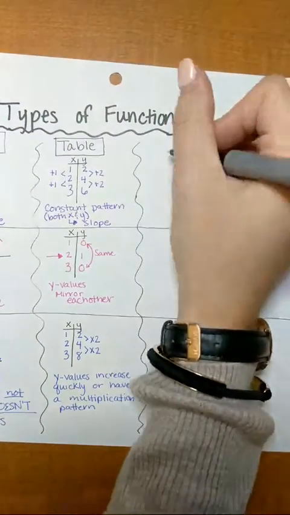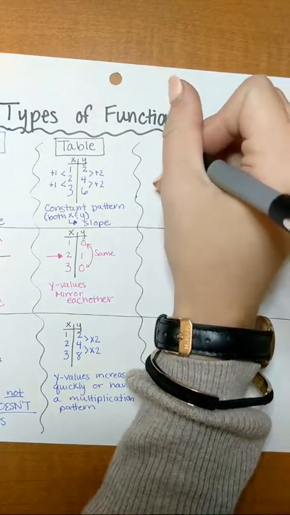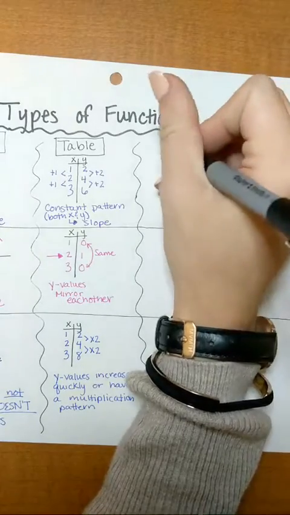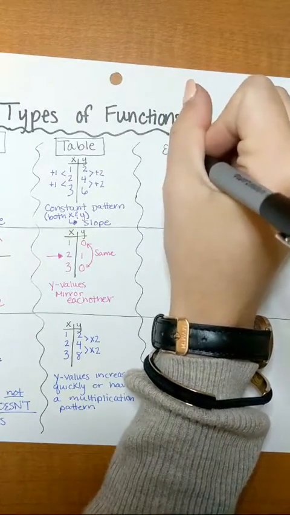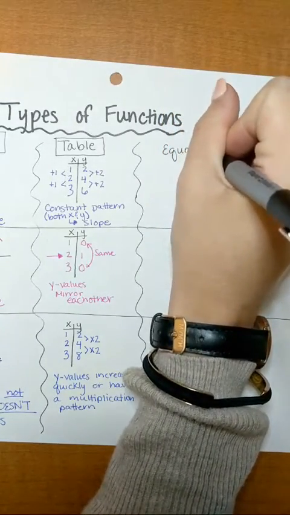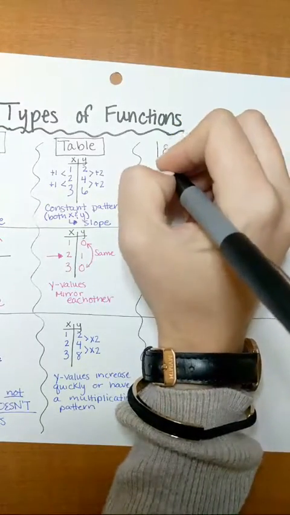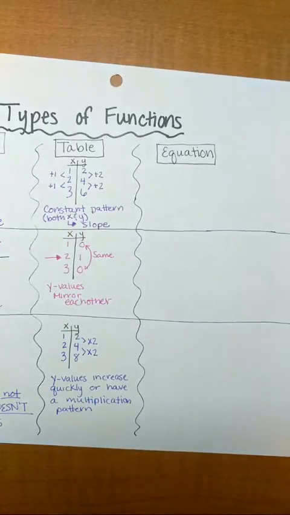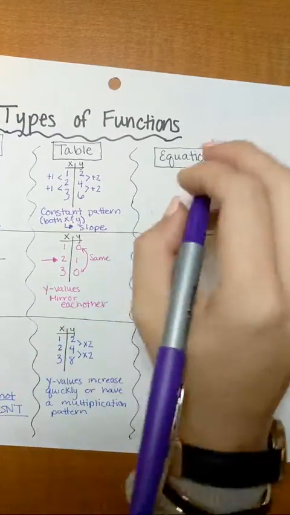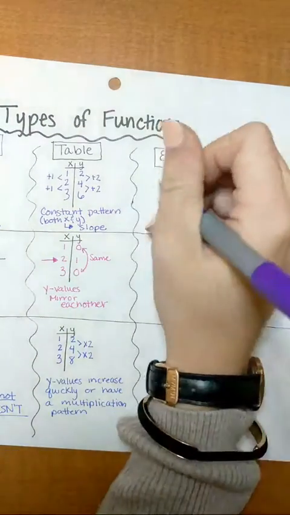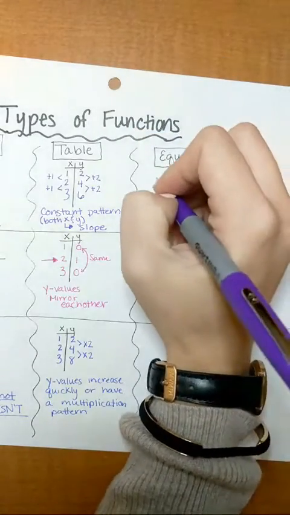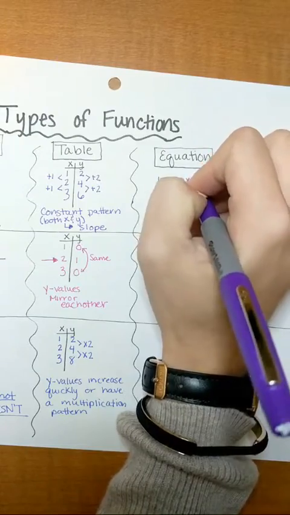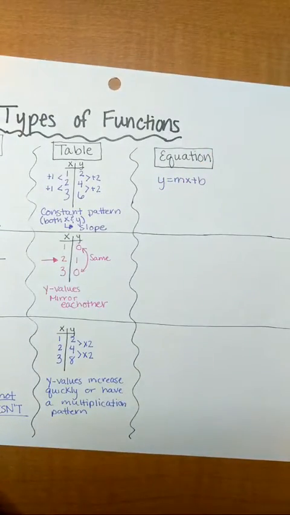Okay, the next way that you're going to be asked to figure out if it's linear, quadratic, or exponential is by an equation. So for linear, you should again be familiar with this, but that is the y equals mx plus b equation.